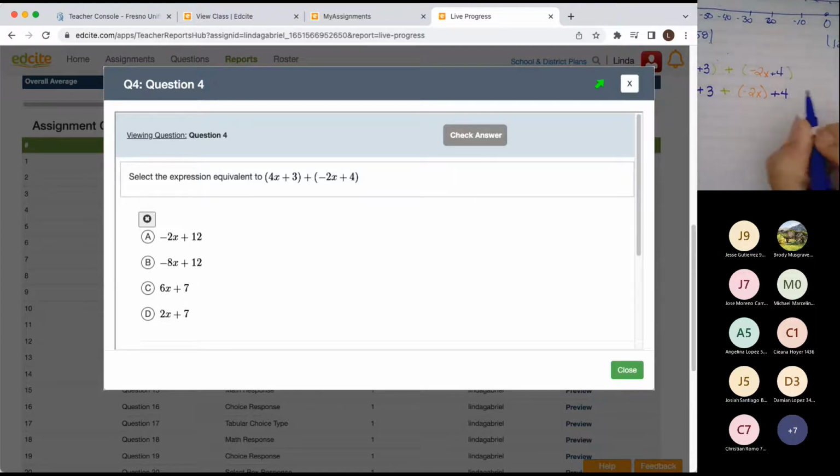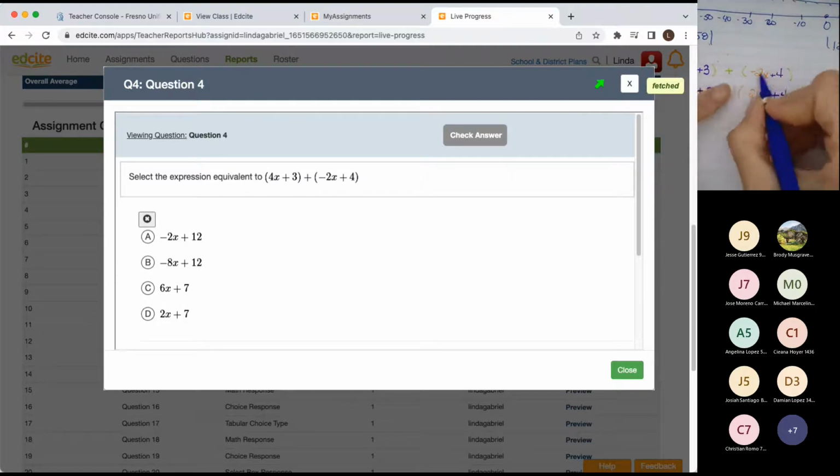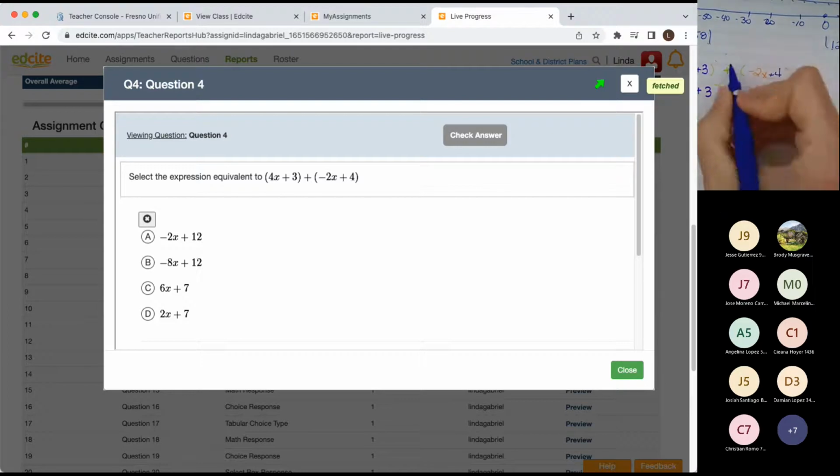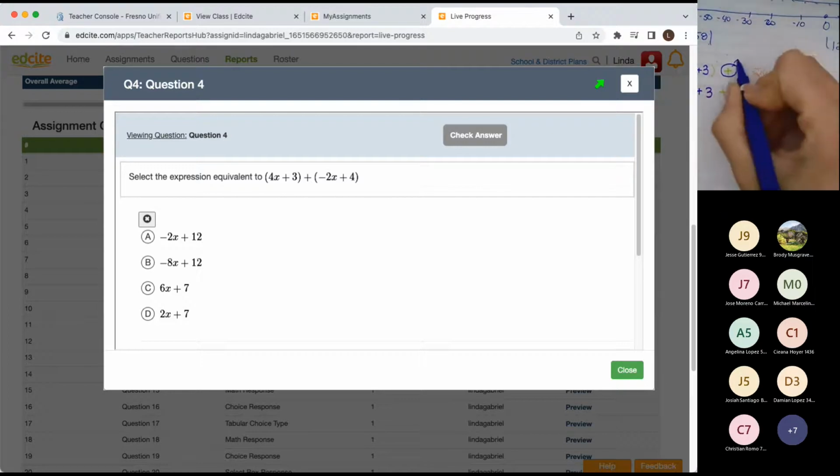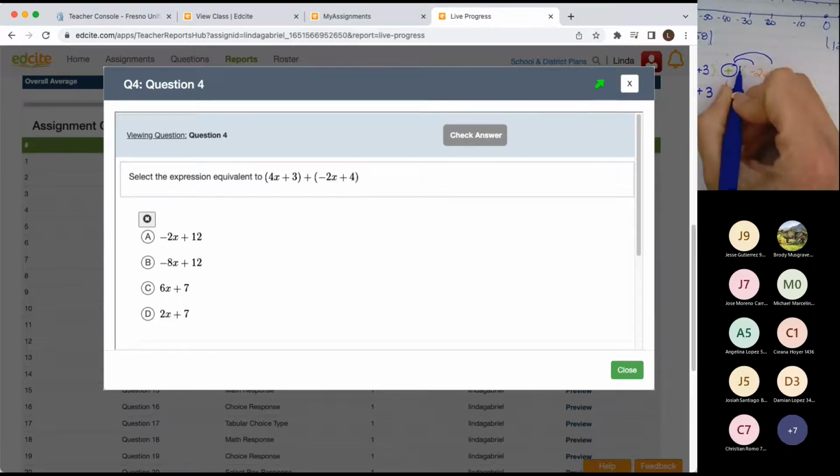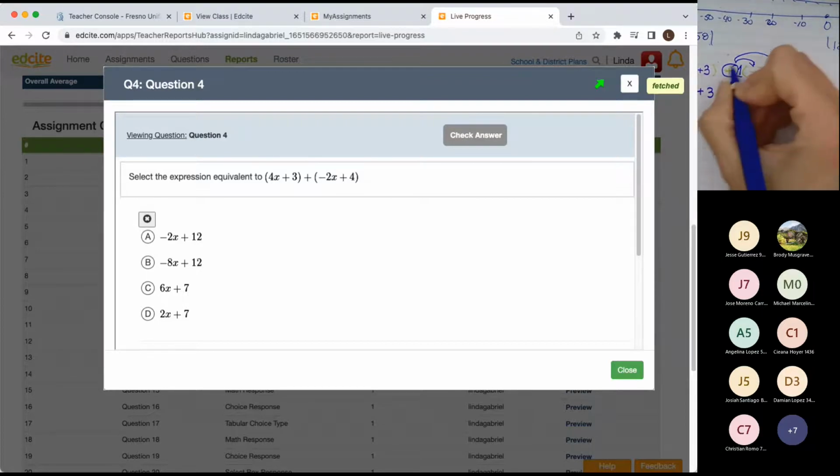I told you guys before what I like to do usually when I have a plus sign and I can't do any math inside the parentheses is distribute the plus sign through the parentheses, because we can almost think of it as a +1 in front of the parentheses. So if I distribute my plus sign, +1 times -2 is going to be equal to -2, right?